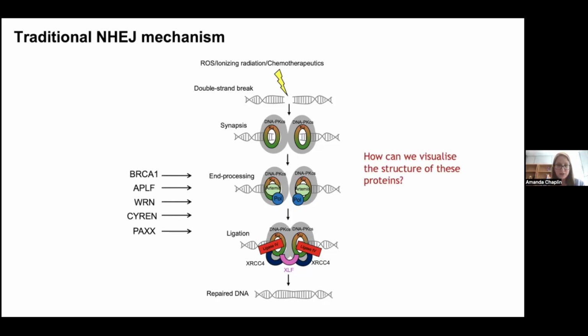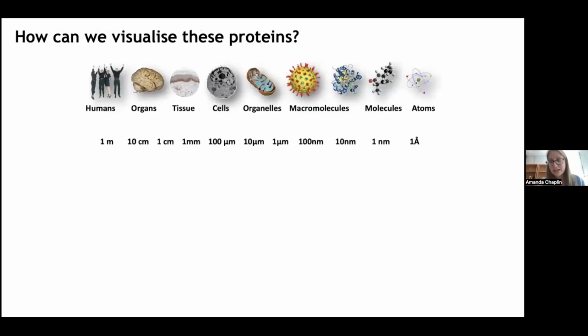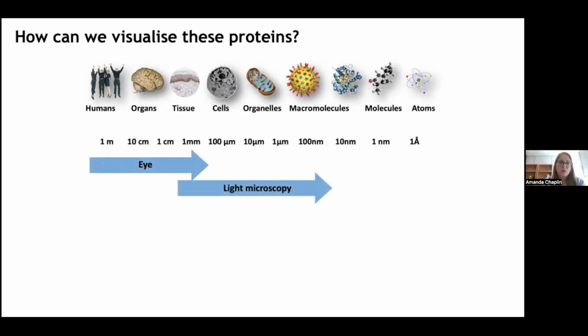I thought I'd just put this fairly basic slide in here just to put it into a bit of context. So if we think about what we can actually see with our eyes, we should be able to see each other, objects around us. But to look at greater detail at cells and organelles, you might use light microscopy. But to get the detail that we're interested in, so how these enzymes are working, their residues, amino acids, DNA, we need to use electron microscopy.